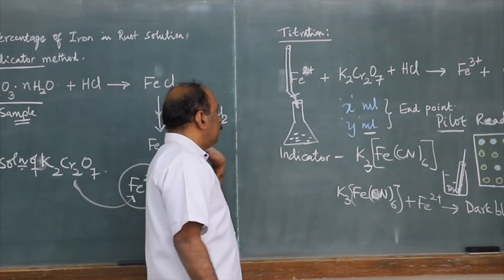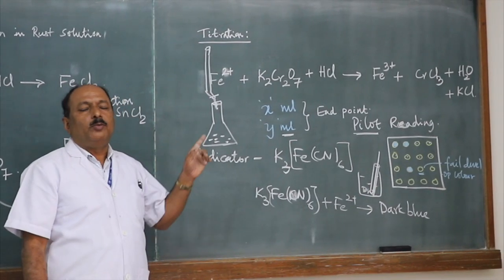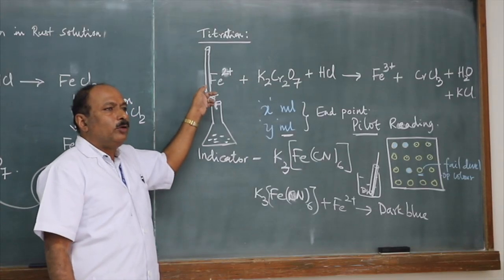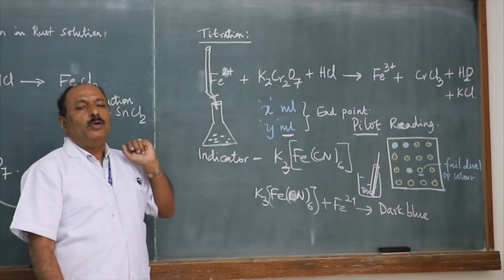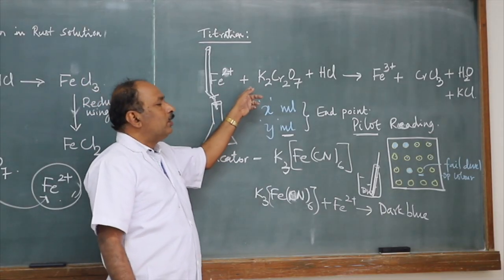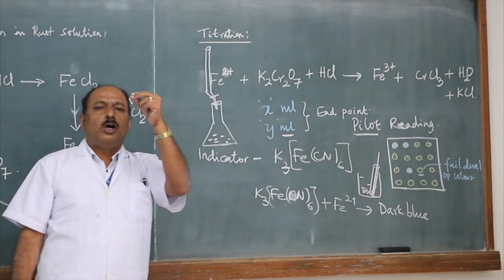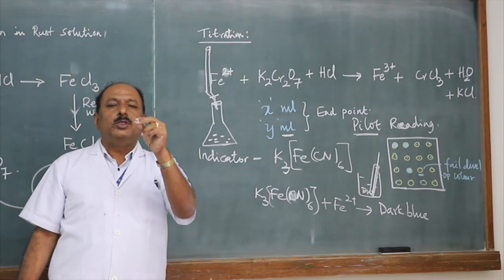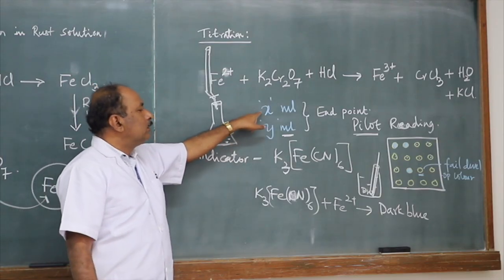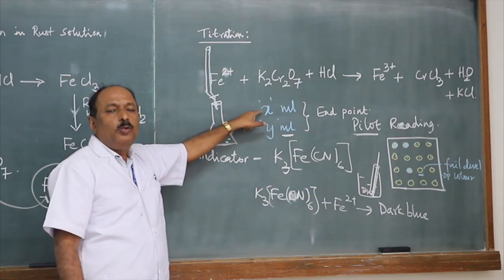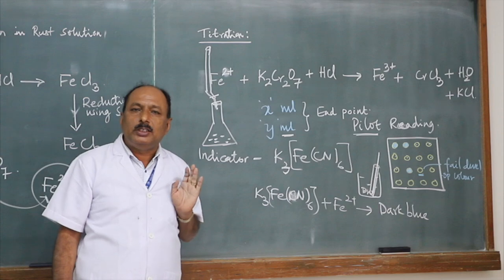Then after doing that, come to the burette. Fill the burette again with the standard solution of potassium dichromate to 0. Now when you are carrying out the titration, you need not test for each reading. You can add potassium dichromate from the burette into the conical flask till you reach this reading X. Because before X, definitely the end point is not there.